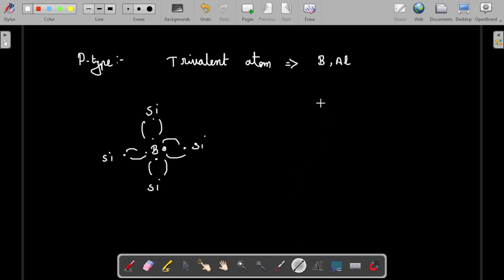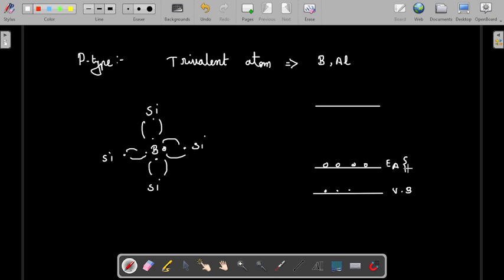So if we take the band diagram, this is the conduction band and here it's the valence band. So what will happen is that in the valence band, this is the acceptor atom, because it has a hole, right? So it needs to accept an electron. So here the presence of holes will be here. The level above or near to the valence band will be called the acceptor energy level, EA.